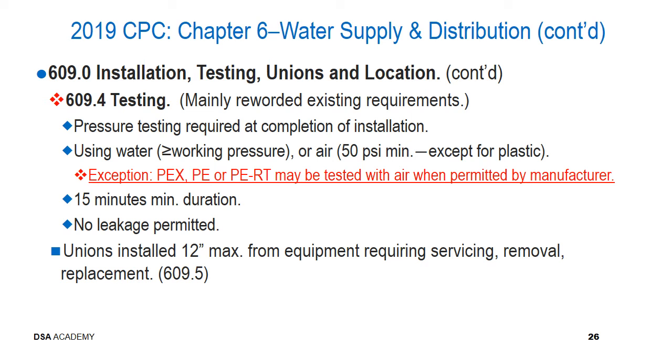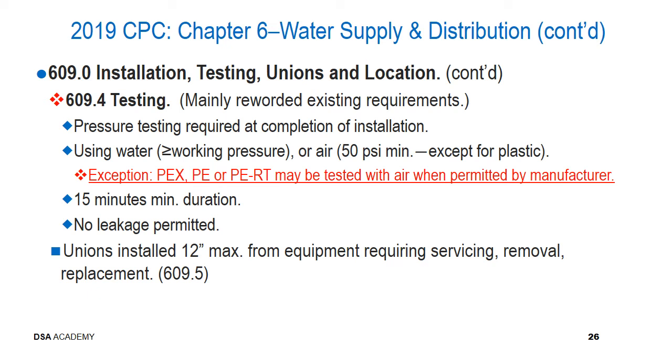Typically we see 1.5 times the working pressure spec'd out, but again, the approved plans and specifications will verify what the testing parameters are supposed to be. It's also acceptable to use air at 50 psi minimum. Obviously, again, and consistently, you're not permitted to use air for testing plastic piping.